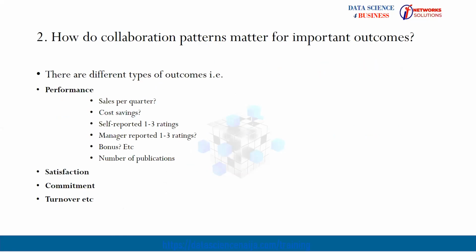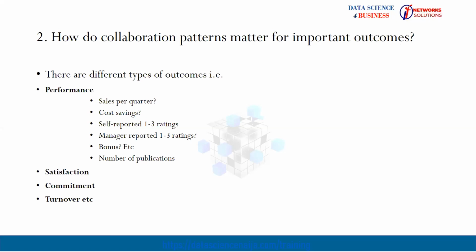So two, how do collaboration patterns matter for important outcomes? Now, let me just say something here. There are different types of outcome. Outcome might be in the form of performance, where you want to check, okay, how many sales is this person bringing in? You might want to ask the person to rate himself, or the manager should rate the person.